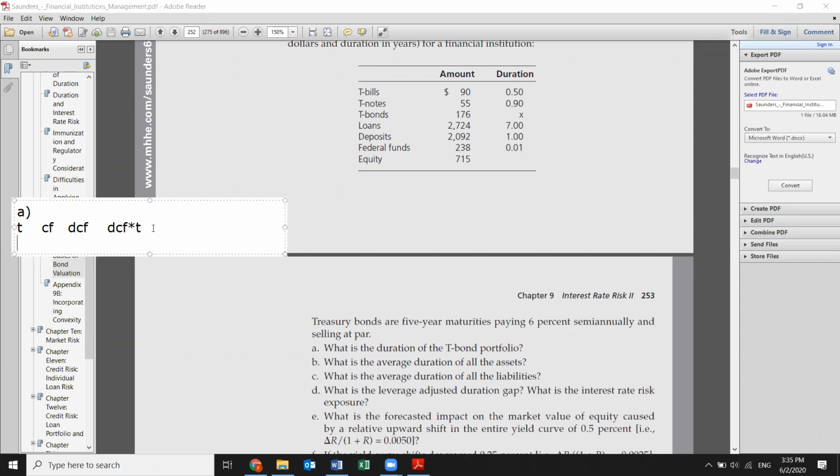It starts from 0.5. Why 0.5? Because it's semi-annual, and it's 5 years, like 10 periods. And the cash flow will be 5.28, the coupon payment. And the par value is $176, and 6% of 176 is equal to this.